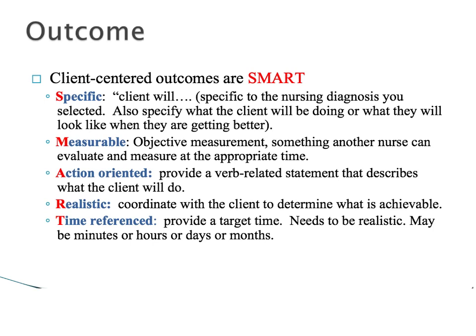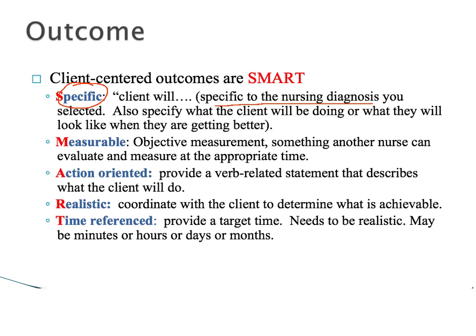The next step in the OPT process is to write client-centered outcomes that address the nursing diagnosis. Outcomes should be SMART. The S stands for specific. Specific to what? Well, specific to the nursing diagnosis. In our situation that we've been talking about, our client has fluid volume deficit, and so the outcome should address the fluid volume deficit.